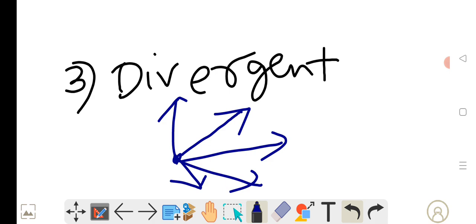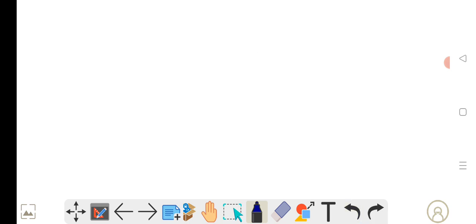By using all these three types of beams, we draw the image formation by mirrors, either plane mirror or spherical mirrors. So now we are learning the plane mirror. It is very helpful to know what type of beam we are considering. Understood?